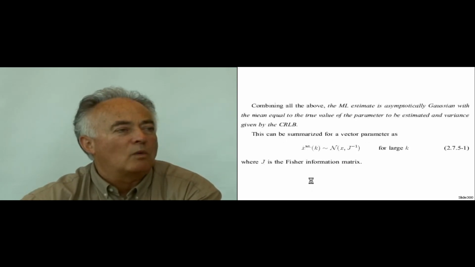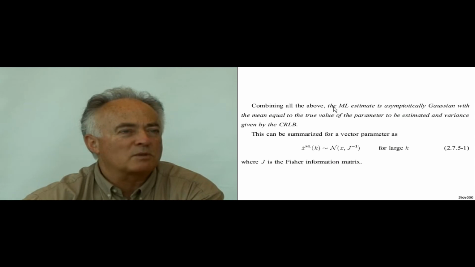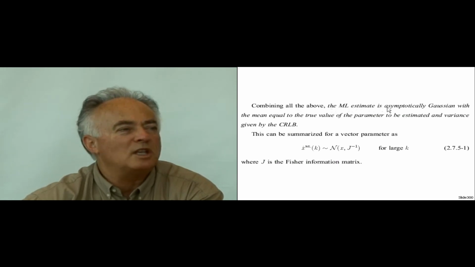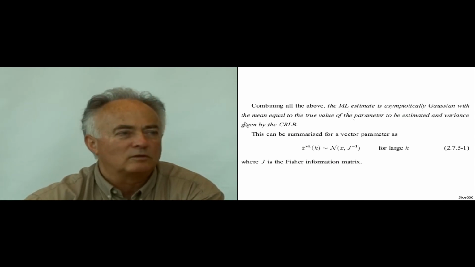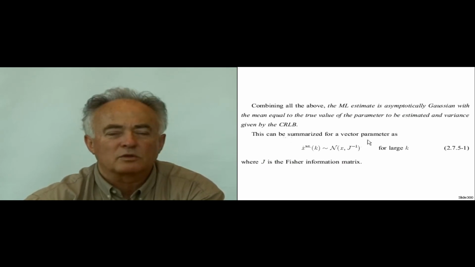So, what can we do with these properties? If we combine all these, we say the following. The maximum likelihood estimate is asymptotically Gaussian with the mean equal to the true value of the parameter I'm estimating, and variance given by the CRLB. This can be summarized for a vector parameter as follows.